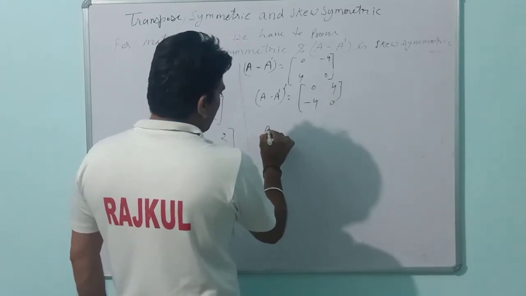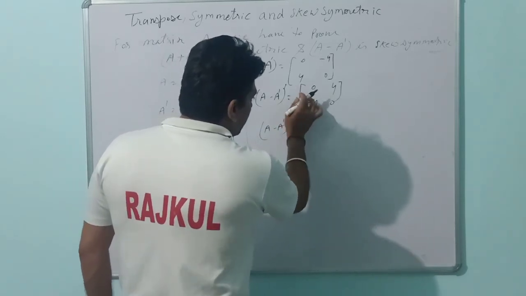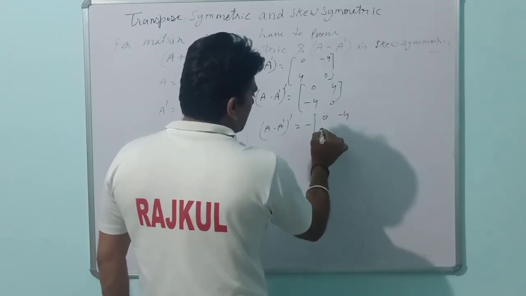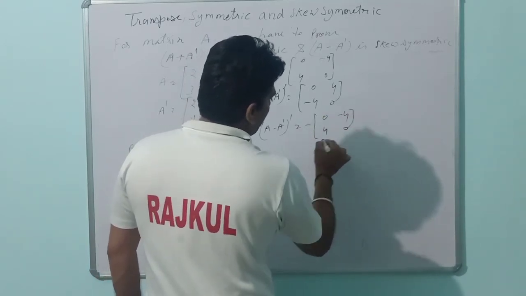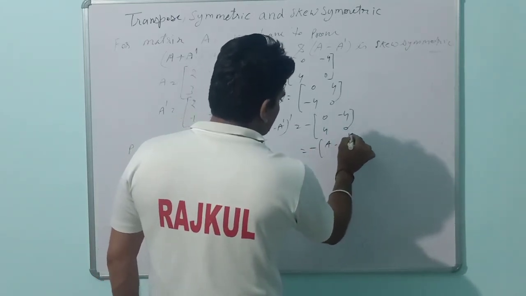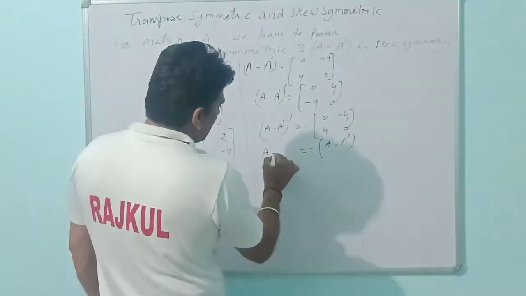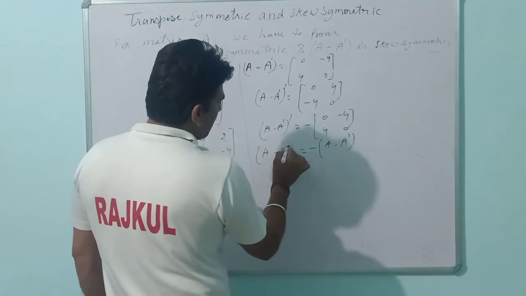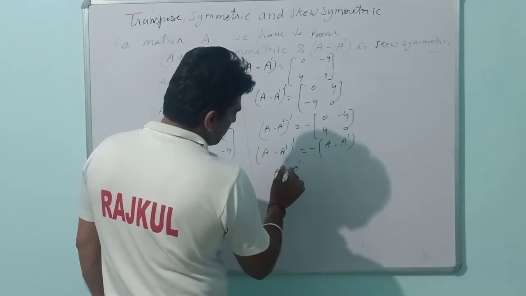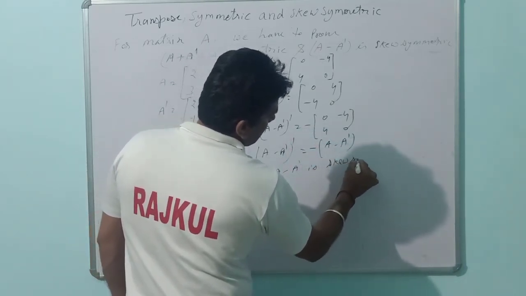Now taking minus common from this, 0 minus 4, or this is 4, this is 0, and this becomes A minus A transpose. So A minus A transpose is skew symmetric.